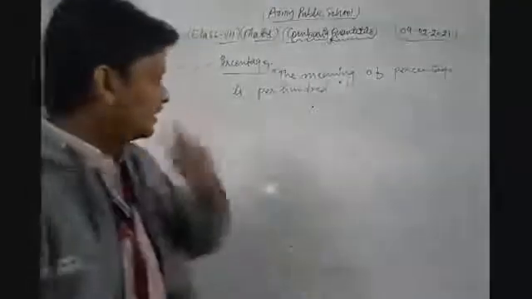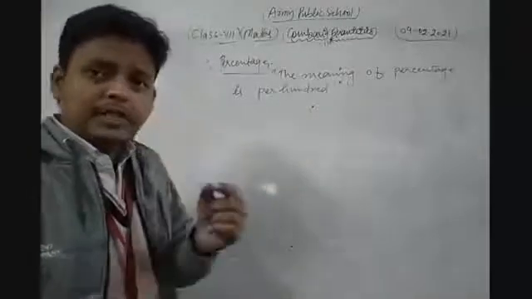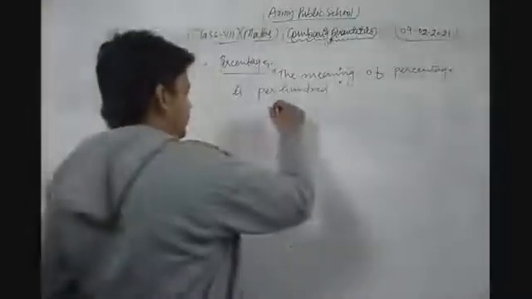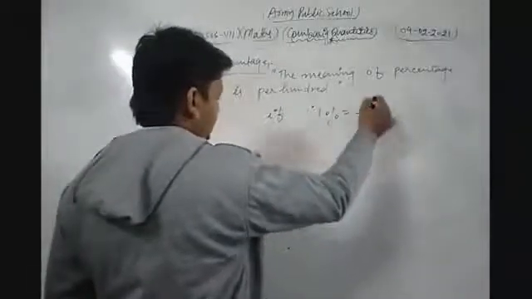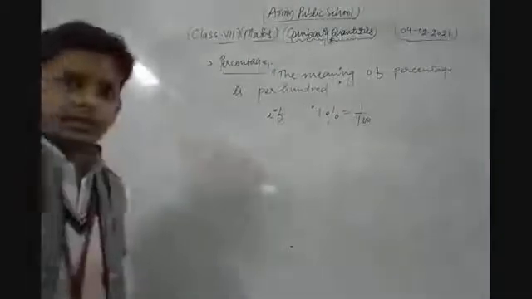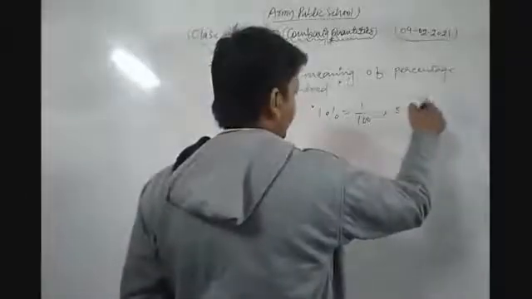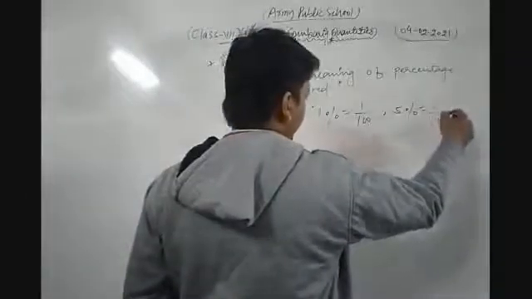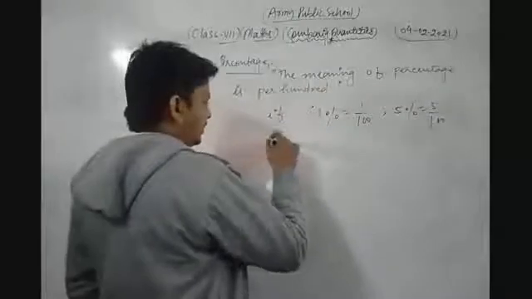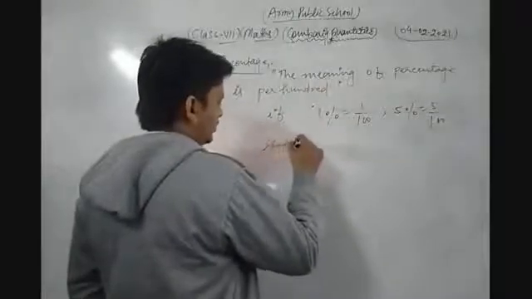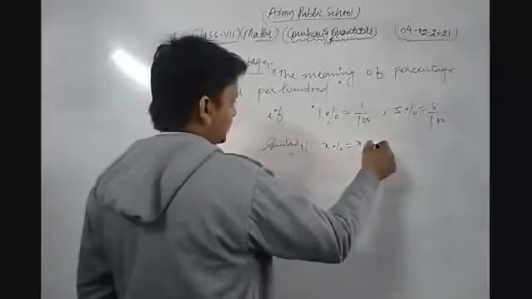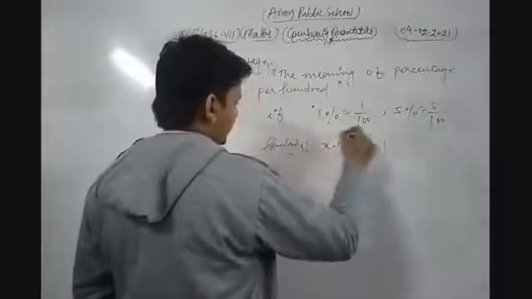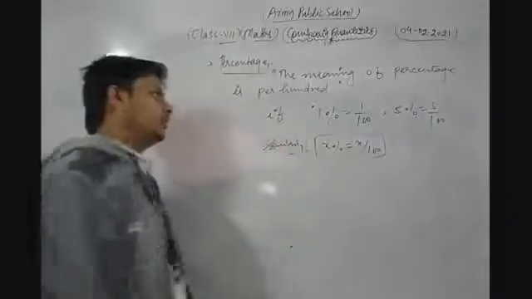So it means that if we write 1%, it means 1 upon 100. And if we write 5%, it means 5 upon 100. Similarly, if we write x%, it means x upon 100.